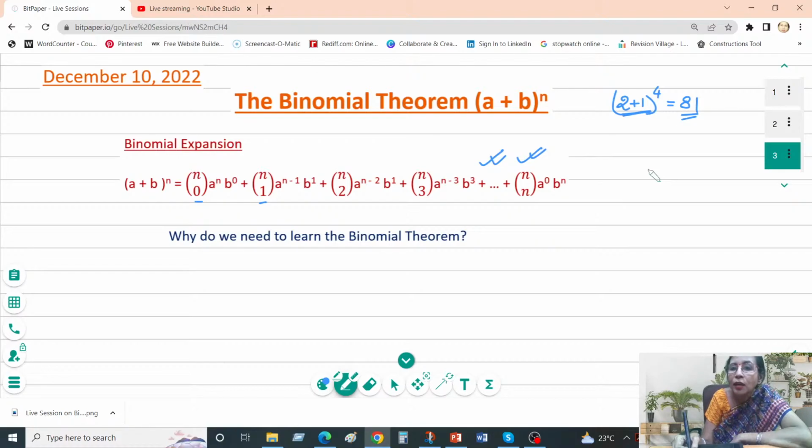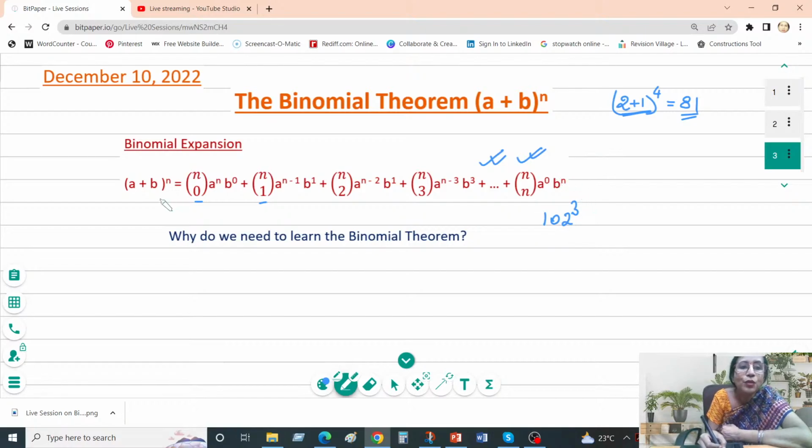But is it always true? What happens if the number is, say, 102 to the power of 3? Of course, you may say that we have the calculator. If you have the calculator, you don't have to do all these expansions.